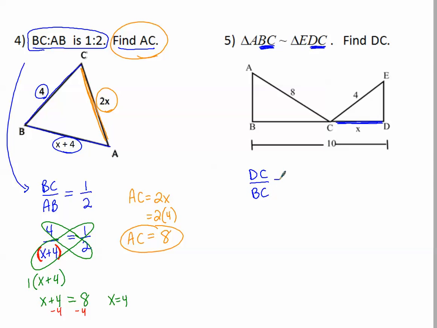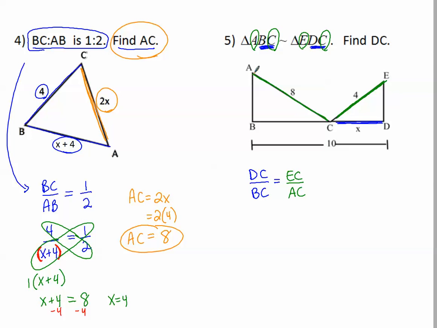And what other parts can it correspond to? Well, I would like to match it up with a pair of sides that has numbers, such as this side that says EC. Well, the E and the C match up with the A and the C. So EC over AC, this side right here.